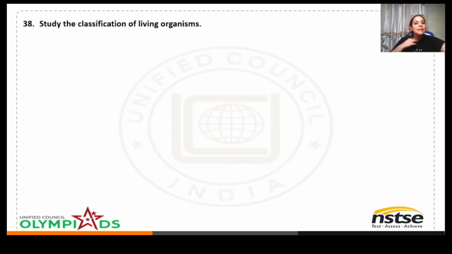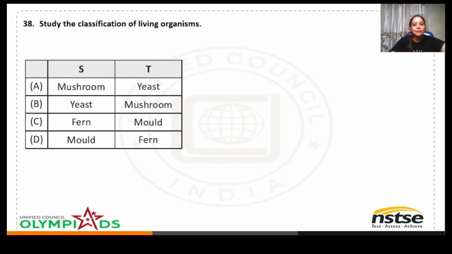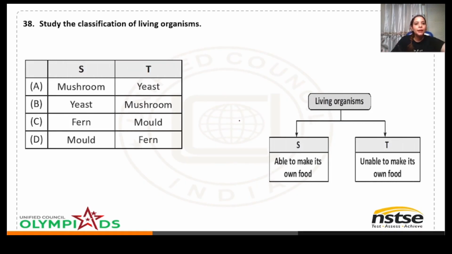Next question. Study the classification of living organisms. Okay, so we have this flowchart given which shows that living organisms are classified into two, S and T, and we have clues also. S can make its own food. We say that S can perform the process of photosynthesis, can make its food in the presence of sunlight.